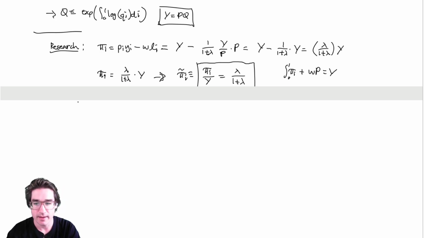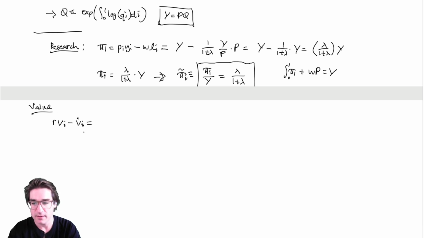Now, given what we have, we know profits now, so we can map that into a value function. The value function is a little bit more interesting here. Remember, what did our value function of old look like? It looks something like this.